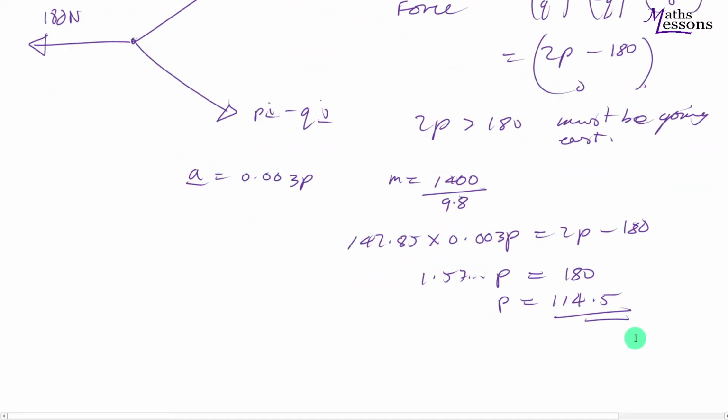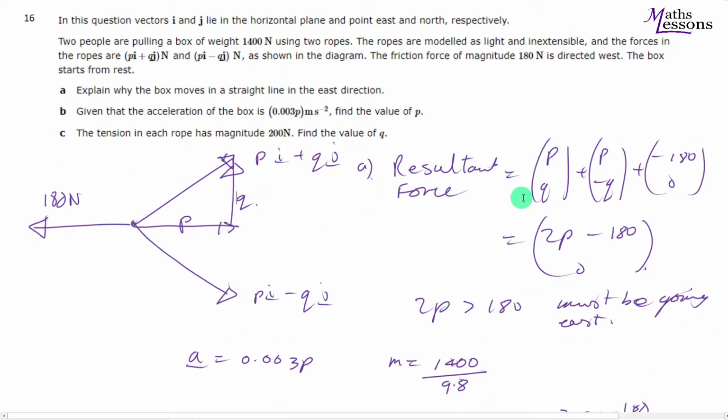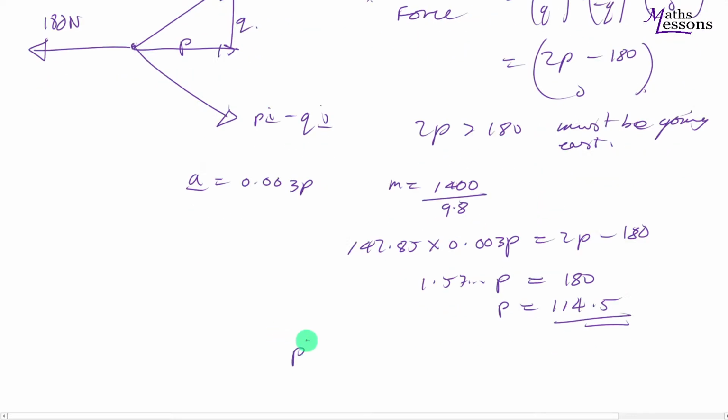Now, we know the tension in each rope has a magnitude of 200 newtons. Find the value of Q. That's our P component, that's our Q component. So P squared plus Q squared must equal 200 squared.